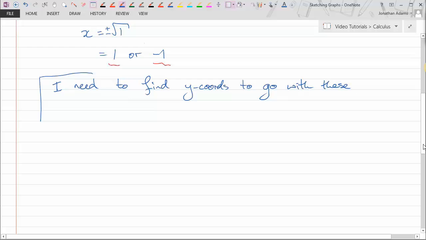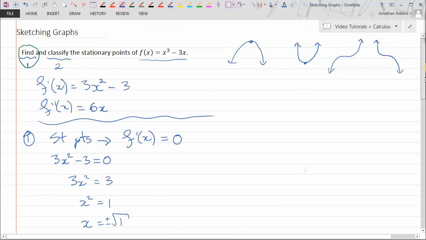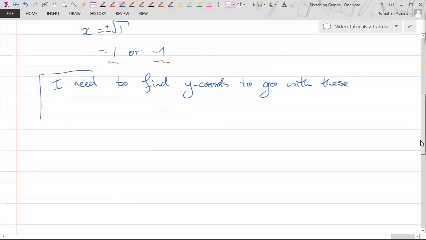And to do that, of course, we substitute those x-coordinates into the original function. So in other words, I'm going to find f of 1, that'll tell me the y-coordinate that goes with this x-coordinate, and I'm going to need to find f of negative 1. Our original function, you remember, was f of x equals x cubed minus 3x.